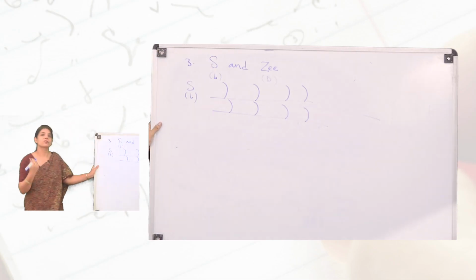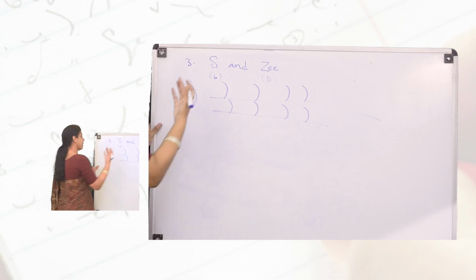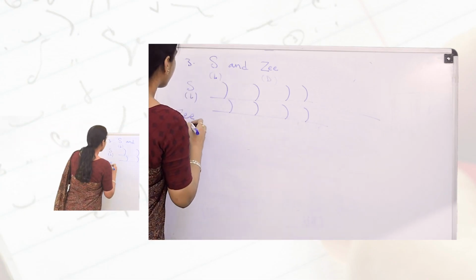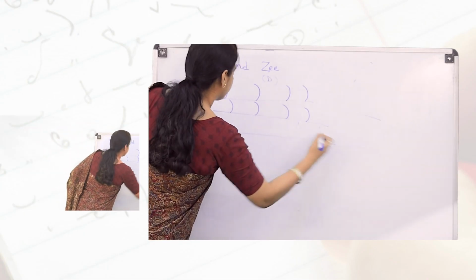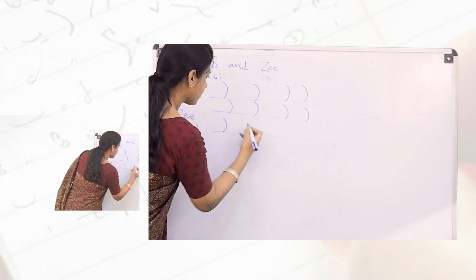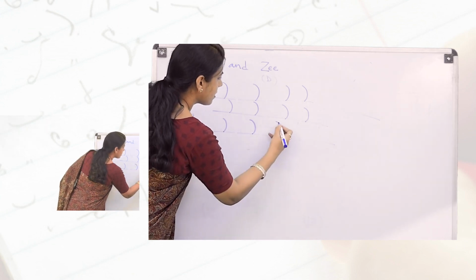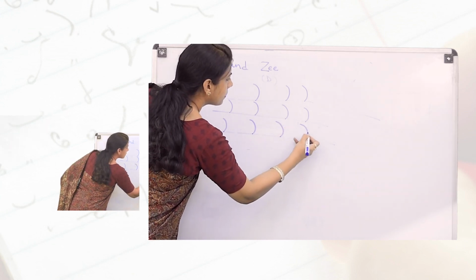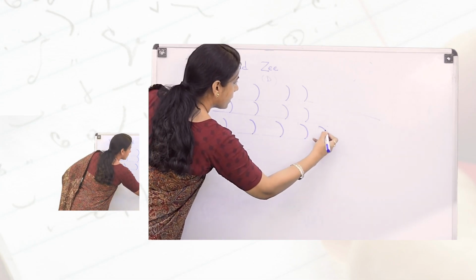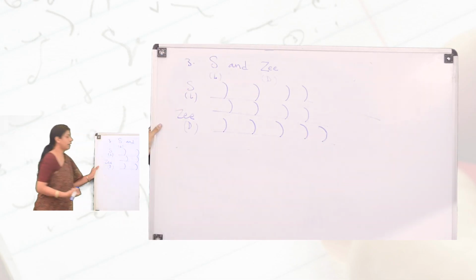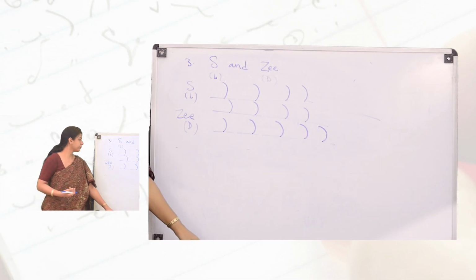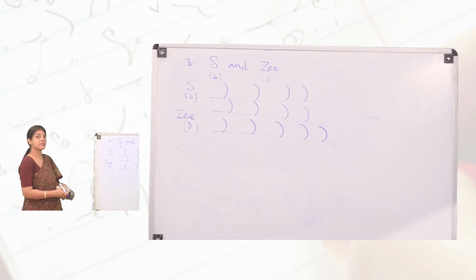Ith and the was just like an opening bracket. S and Z you can remember as closing bracket signs, and Z is written in the same manner, but it has to be written with a darker stroke. So this is S and Z, the third pair.